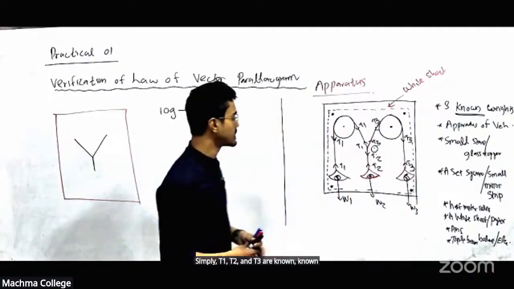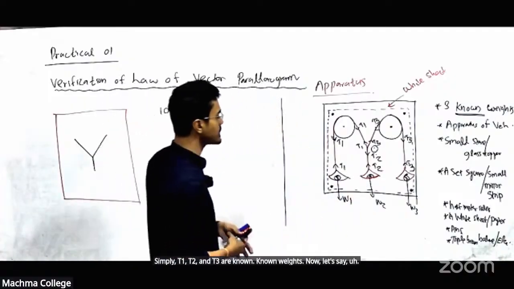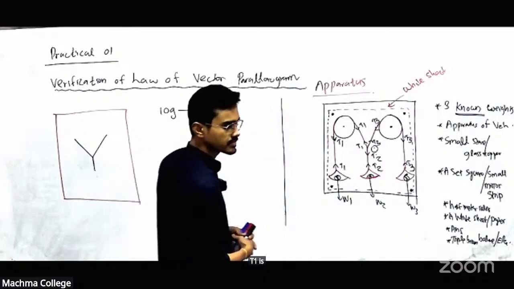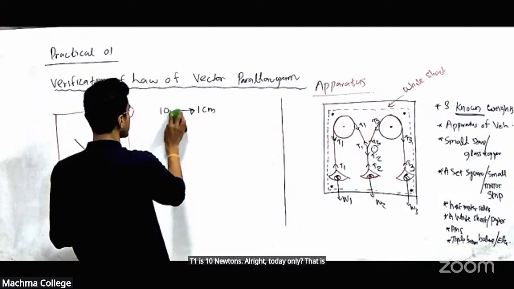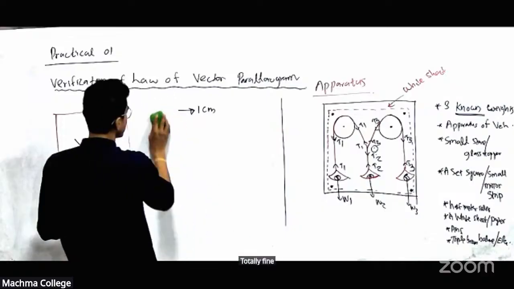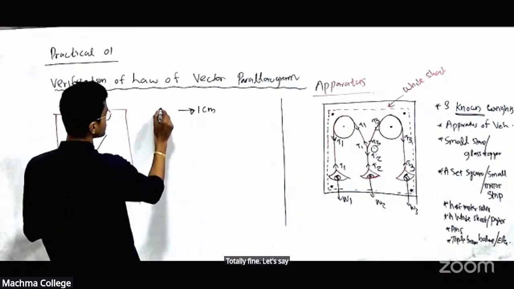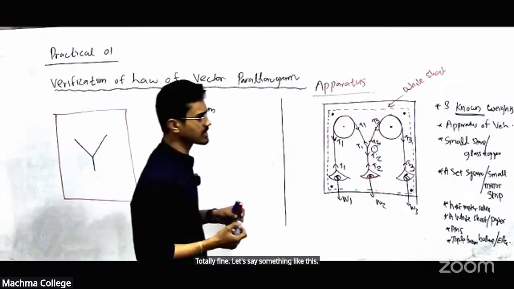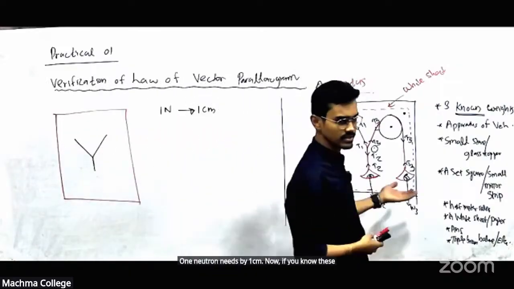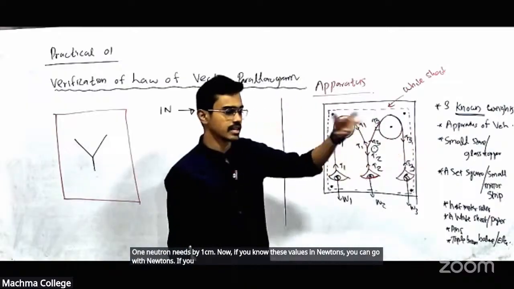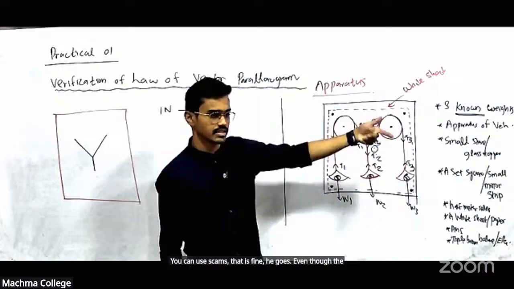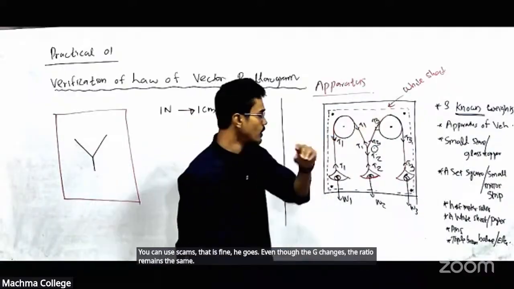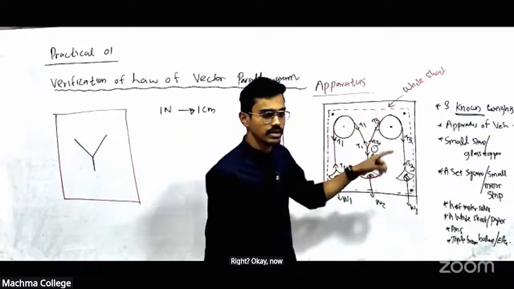Let's say T1 is 10 newtons, and the scale is 1 newton by 1 centimeter. If you know these values in newtons, you can go with newtons. If you know the values in grams, you can use grams. That is fine, because even though the g changes, the ratio remains the same.